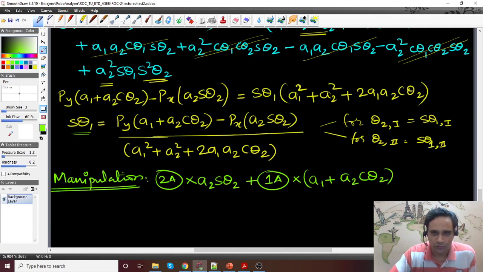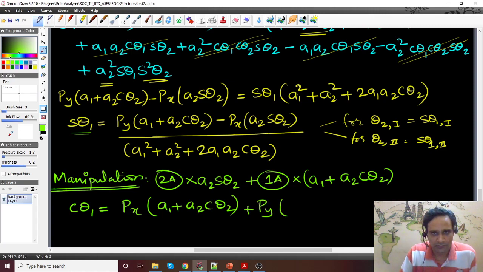Okay, so we'll have to do this manipulation, and once we do it, I'll just write down the expression here, because it's a similar procedure to what we have done. So we'll have the cos theta 1 term appearing as px into this term (a1 plus a2 cos theta 2) plus py into this a2 sine theta 2 term.